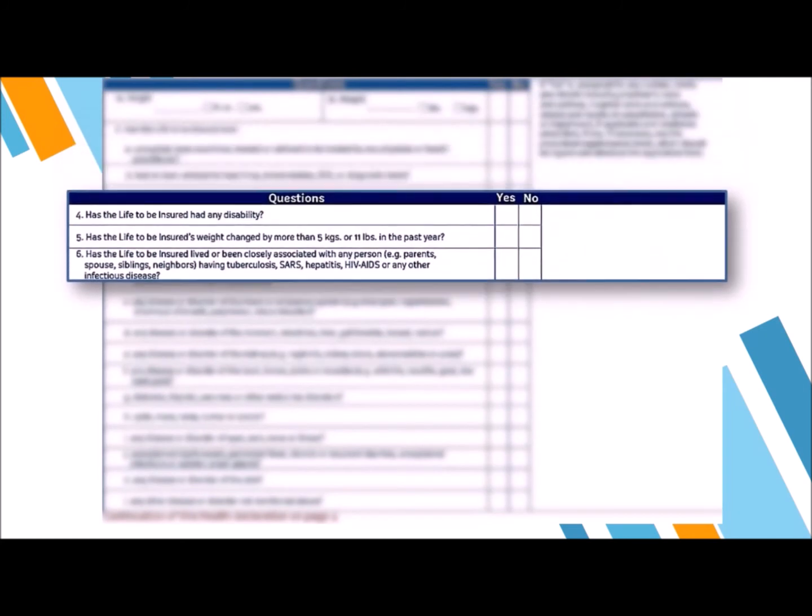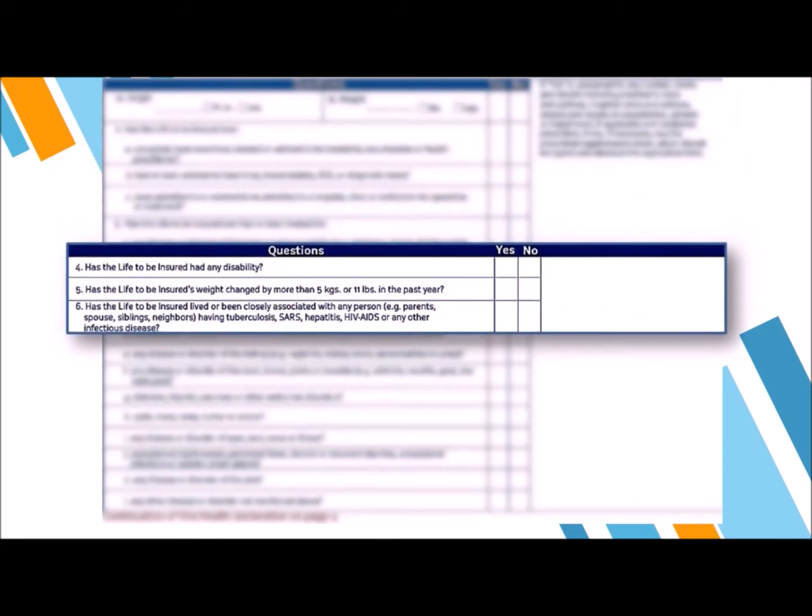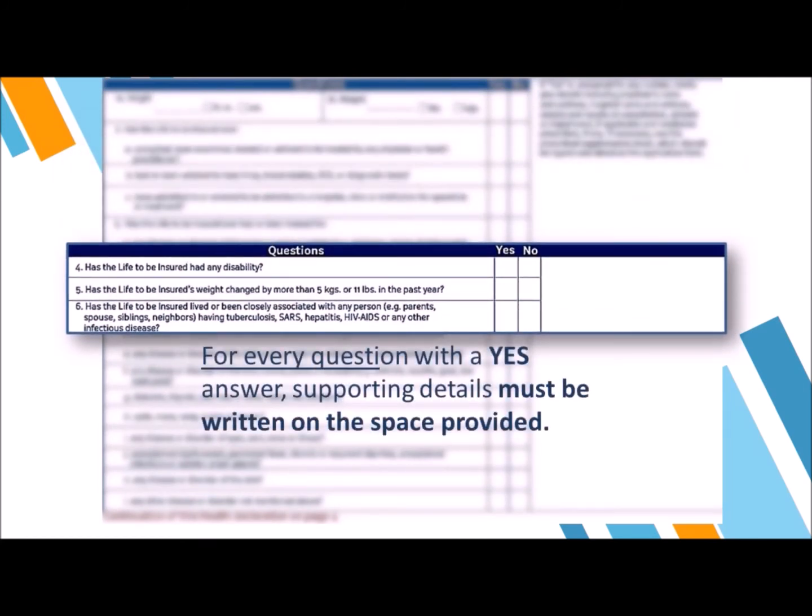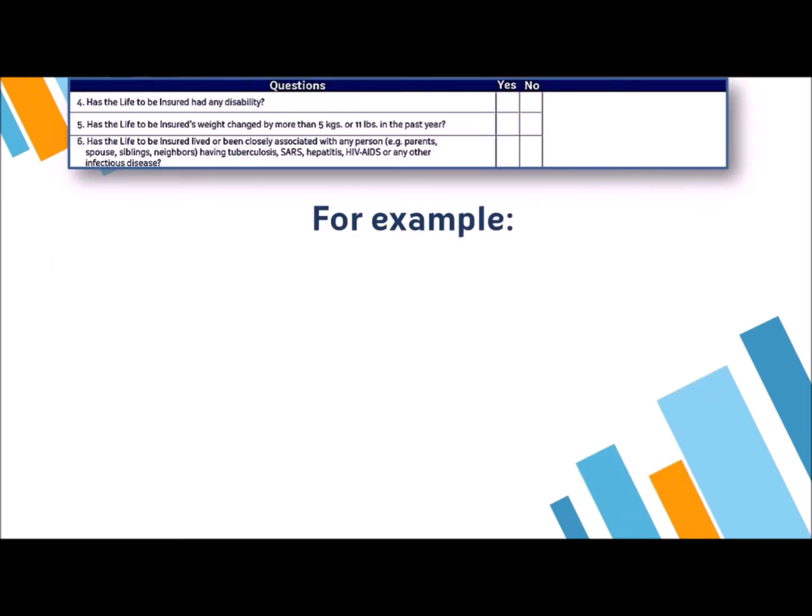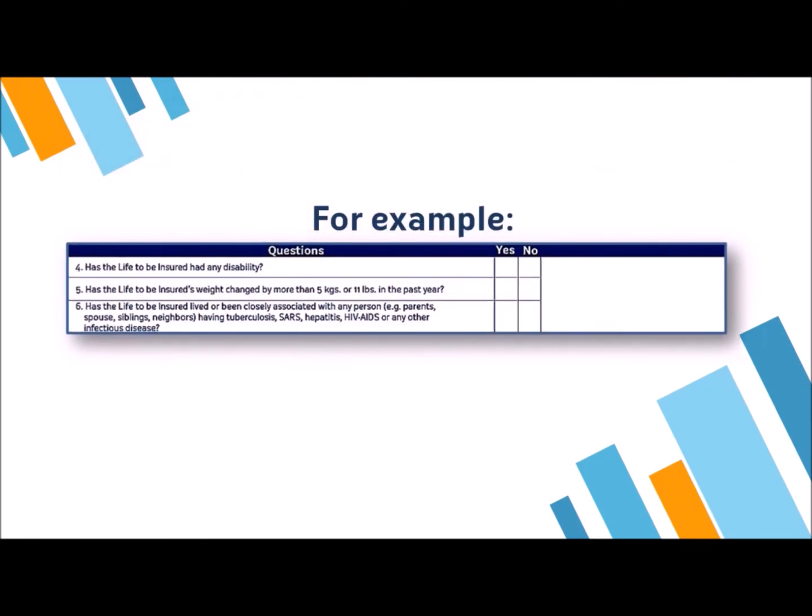For every question with a yes answer, supporting details must be written on the space provided. For example, if not applicable, just write NA.